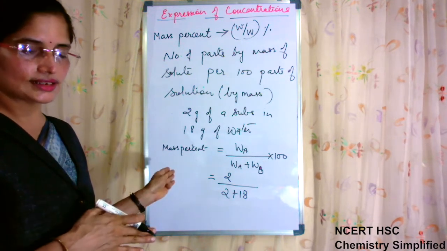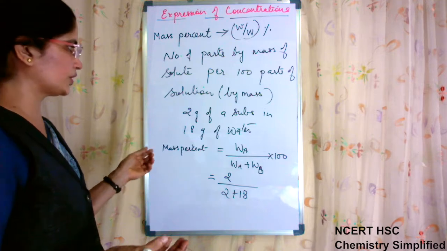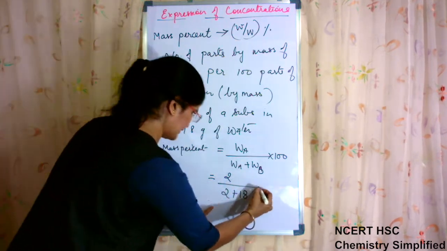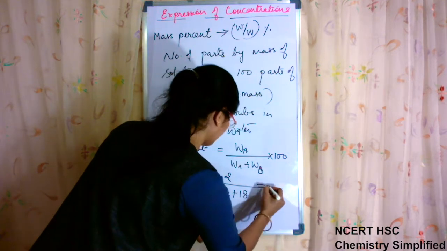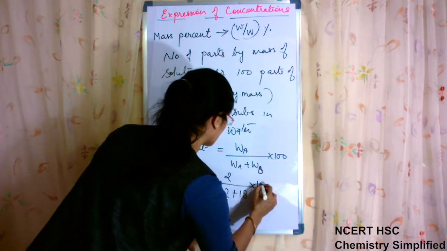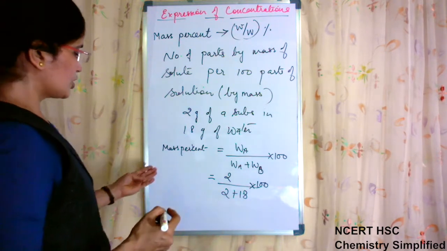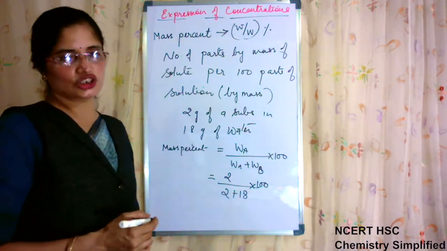This time we are not calculating the volume of water, we are taking the mass of water, 18 grams, and then we are calculating, okay, then it will be into 100. This manner we are calculating. So this is mass percentage.